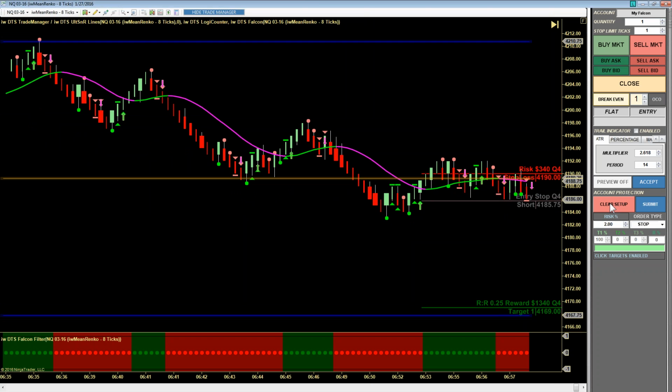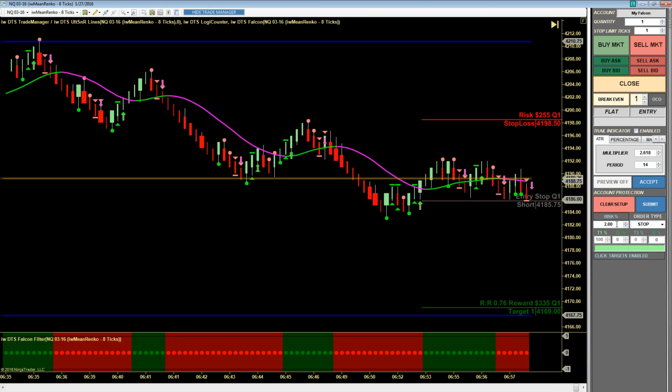If I set the trade up like this, go above the swing high, I still have $300 at risk, but look at what happened to the quantity. The quantity changed. And if I set up the trade, say, to go above this swing high, I still have about $300 at risk, but the quantity has changed again.